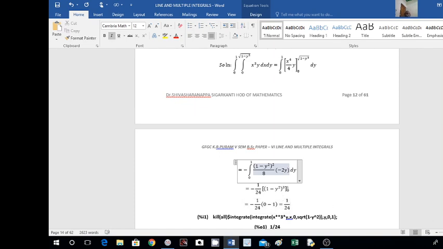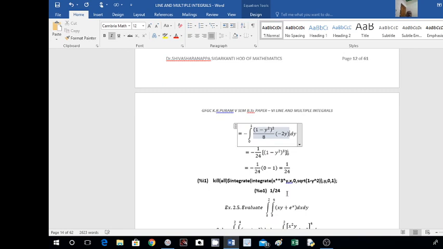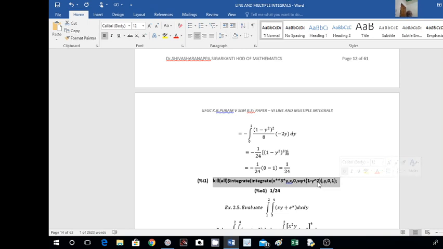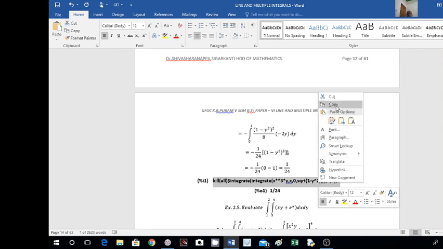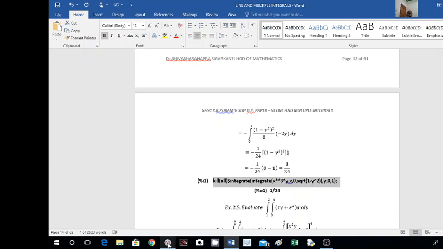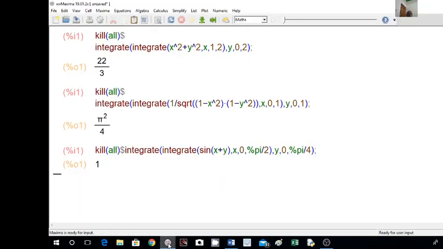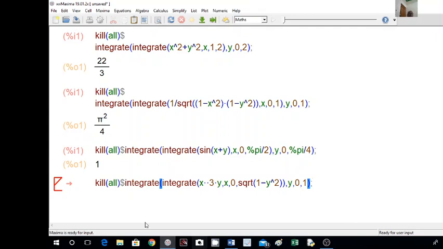So let me verify this result with Maxima. We'll copy this and go to Maxima, paste here. See, this is kill, dollar, integrate. This is x cube.